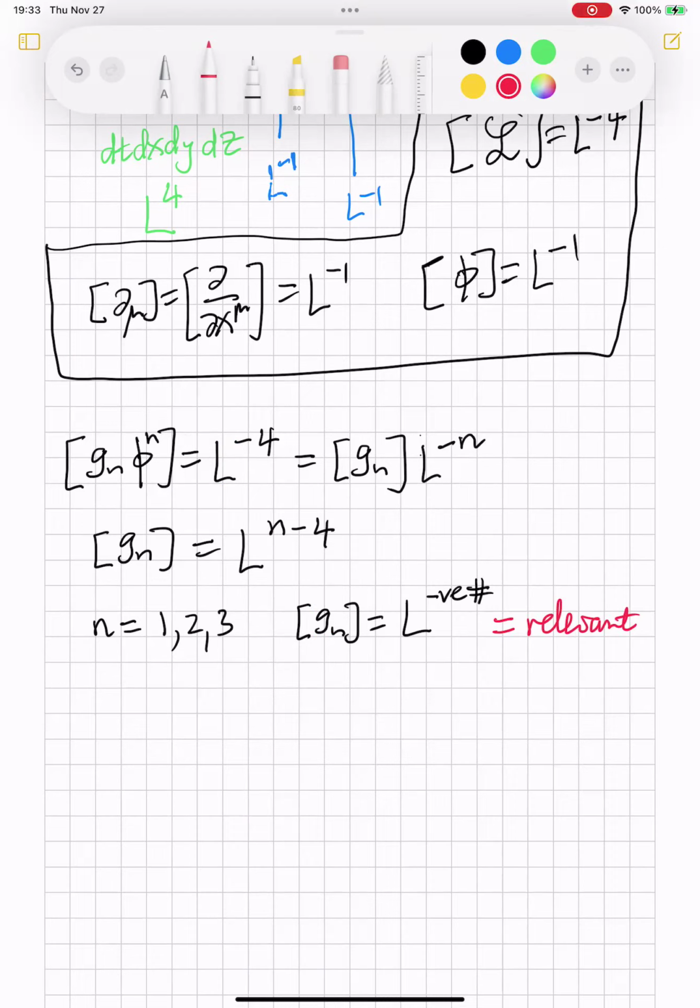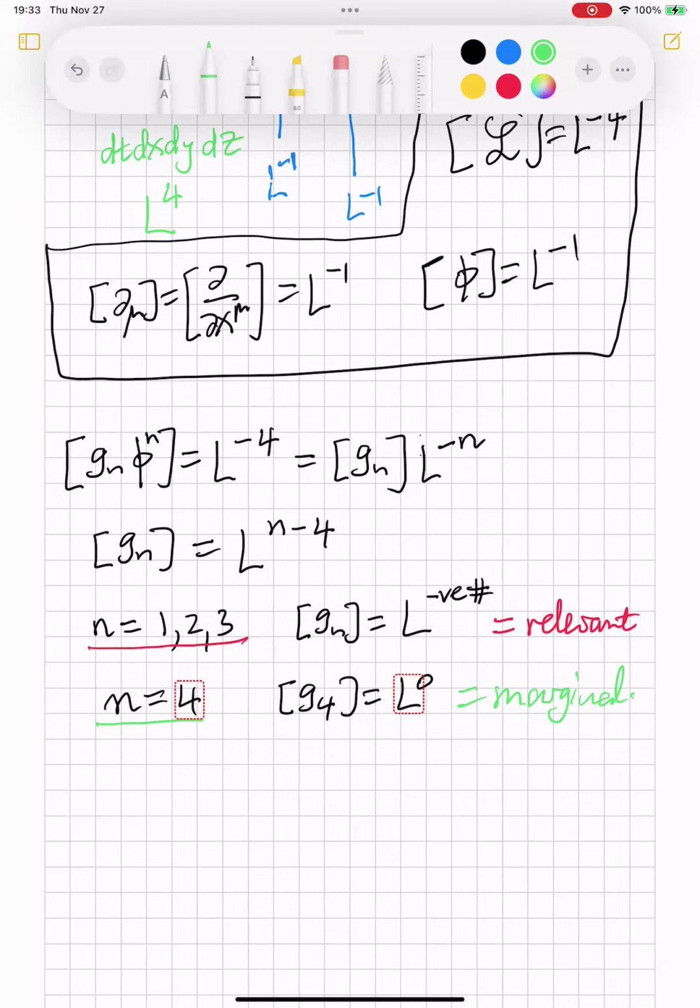So we've got here 3 relevant parameters. Then, if n is equal to 4, g4 will be length to the naught. And this we know, it's dimensionless, we know that this is marginal.